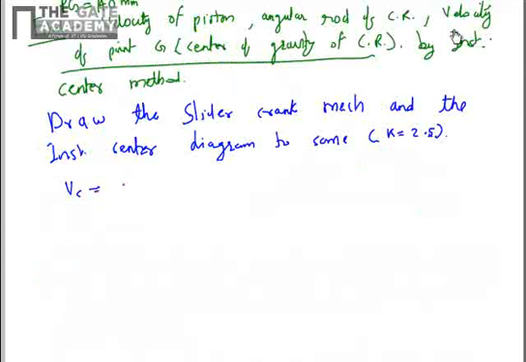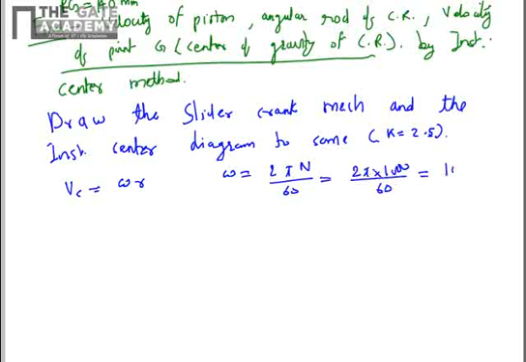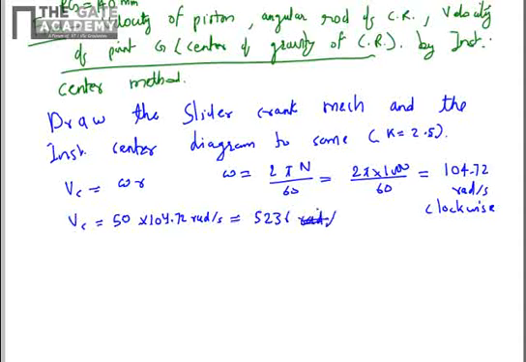For finding Vc, we know it is equal to omega into R. First, you have to find omega. Omega is equal to 2 pi N, that is revolution speed, by 60, which is 2 pi into 1000 by 60. This will come around 104.72 radian per second clockwise. And R is given as 50 mm. So Vc is equal to 5236 millimeter per second.